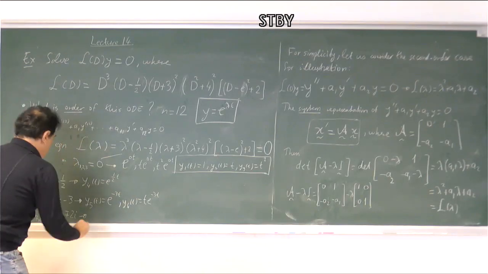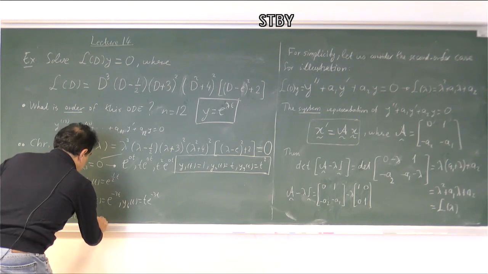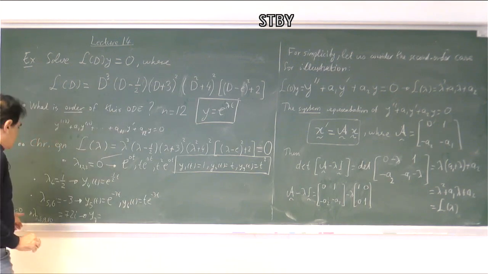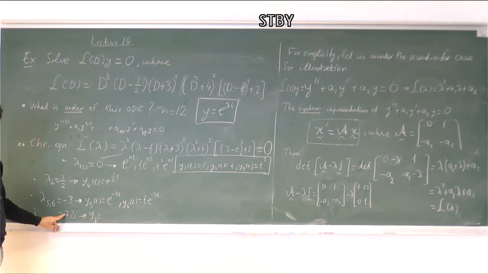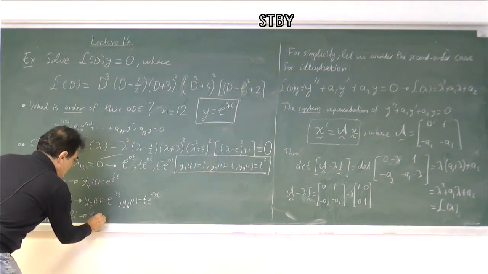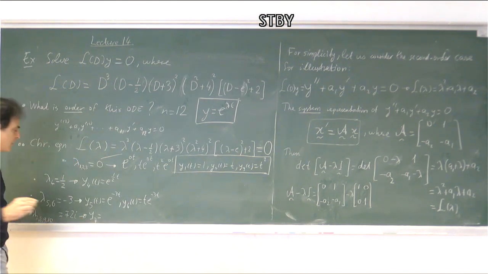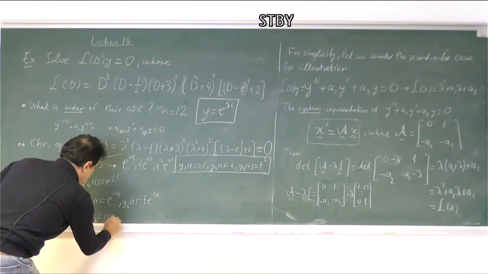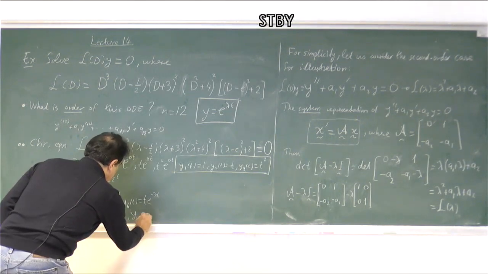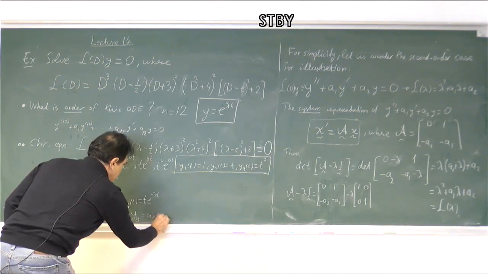Therefore, the corresponding 4 solutions, y7 is, this is a root where the real part of the root is 0, so the exponential factor, recall the case 2, becomes unity. So we have the trigonometric factor, cosine 2t, y8 is sine 2t.